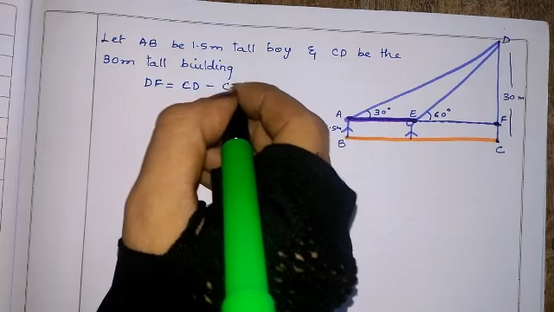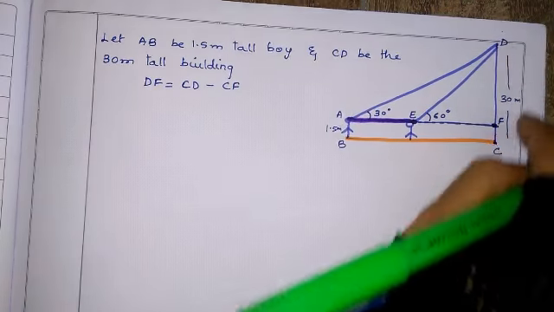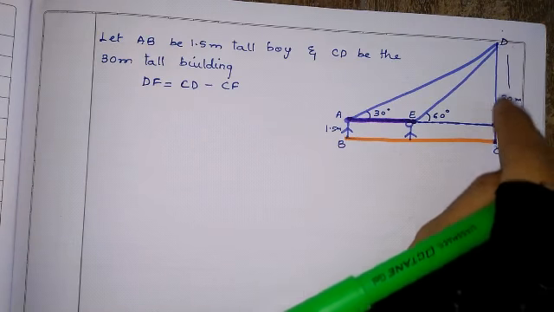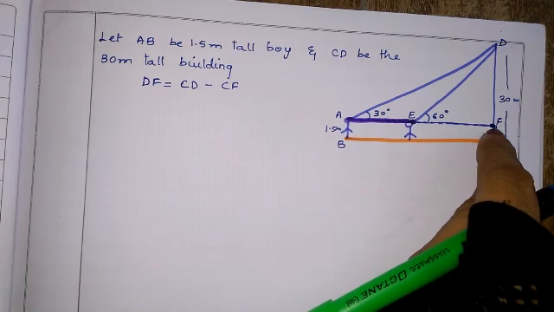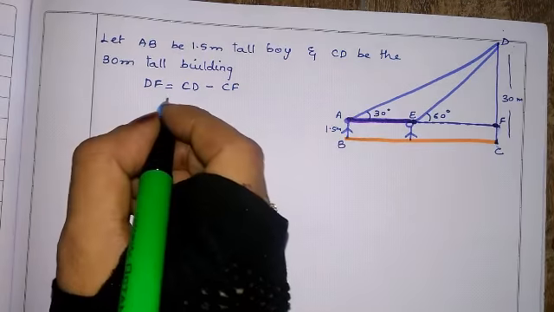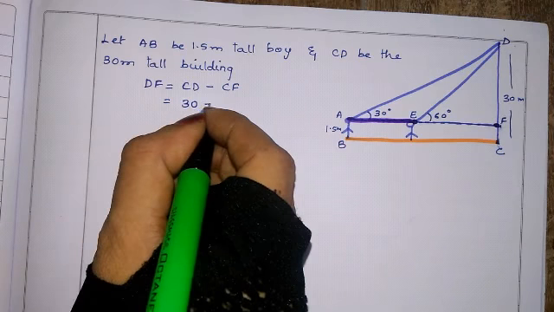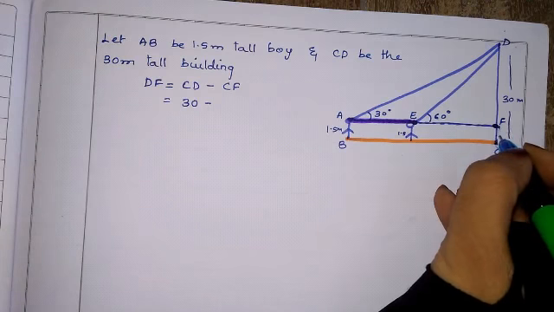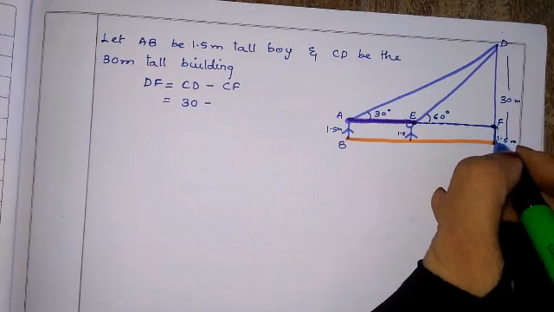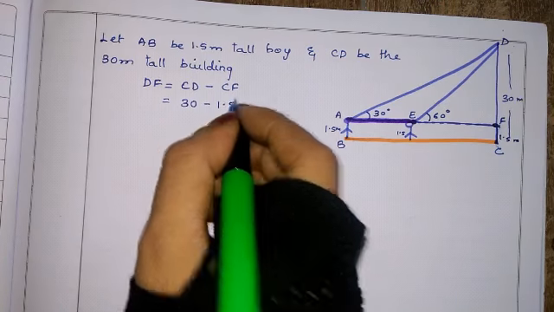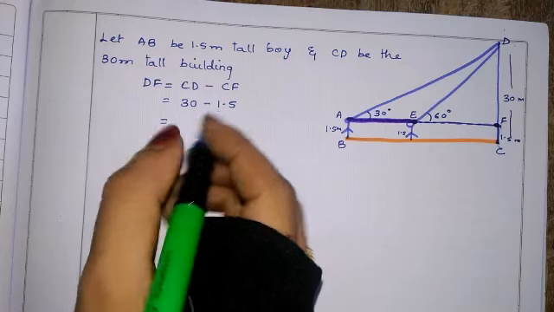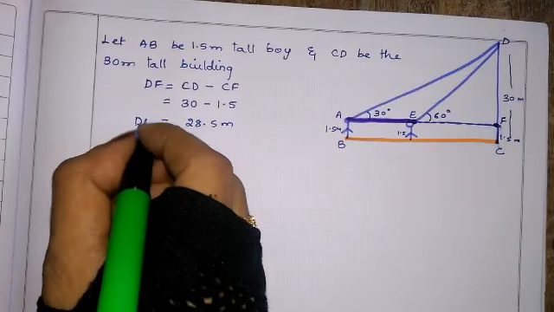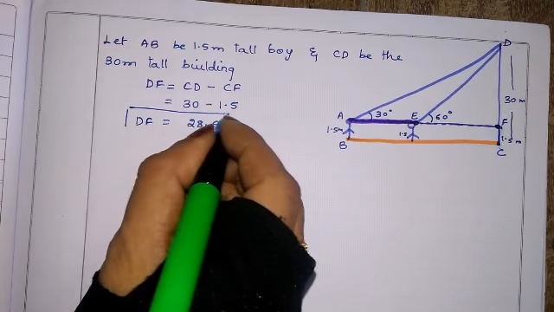From the full CD, if we remove CF, we will get DF. We know CD is 30, and CF is 1.5 because it is the height of the boy. From 30, if we remove 1.5, we get 28.5 meter. So DF we got is 28.5.